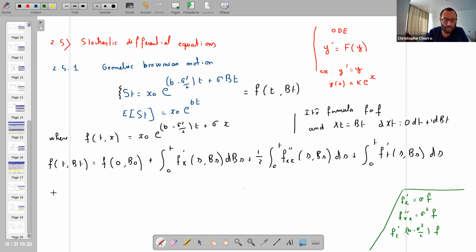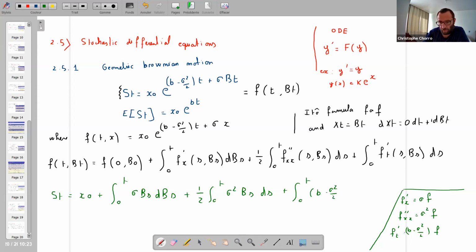So if I write this, what do I obtain? I obtain that S_t, that is equal to f of t and B_t, is equal to f of 0, B_0, that is just x_0, plus the integral between 0 and t of this term, f prime being sigma f, I obtain sigma f(s, B_s) dB_s, plus 1/2 f second, that is equal to sigma square f(s, B_s) ds here, plus the integral between 0 and t of (b minus sigma square over 2) f(s, B_s) ds.